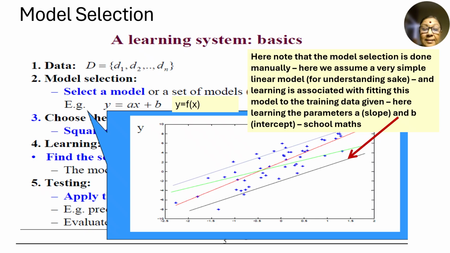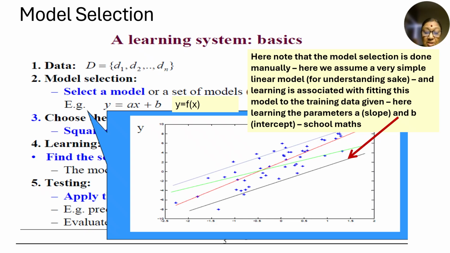Here the learning parameters, if it's a straight line, are slope a and b, which is the intercept. It's nothing but high school maths. So the model is y equals ax plus b. And you have to choose the a and b in such a way that it fits.